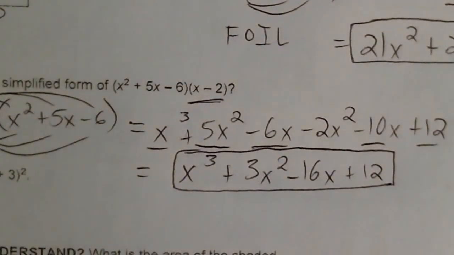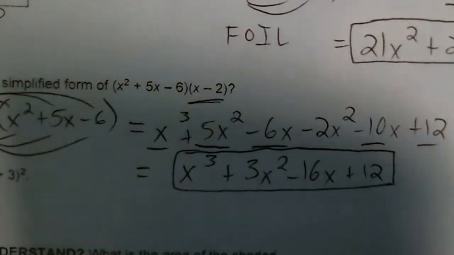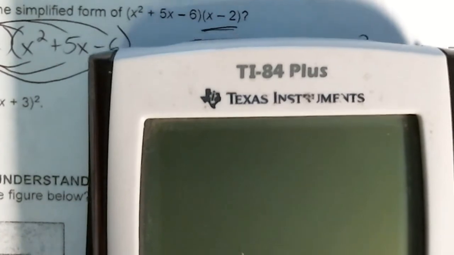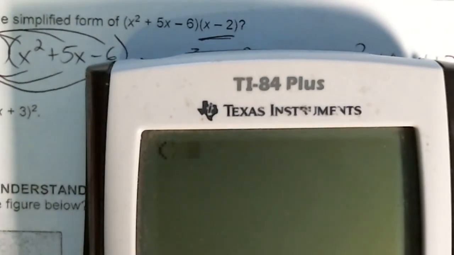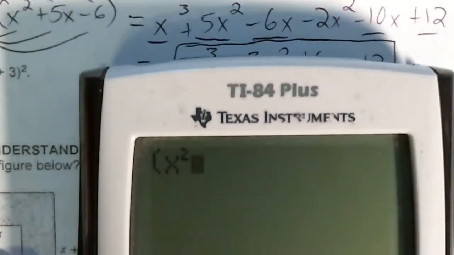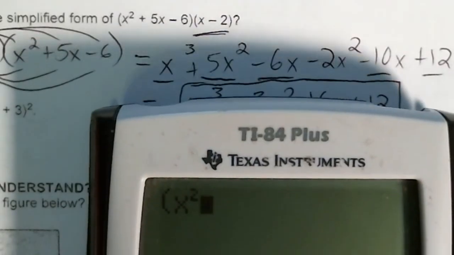Okay, can I check that one? Let's check it. So, parentheses, x squared plus 5x minus 6. Close the parentheses. Open up a new set of parentheses.